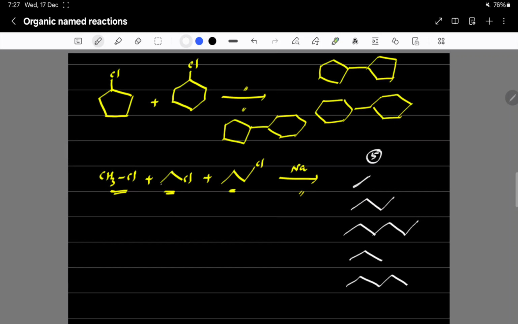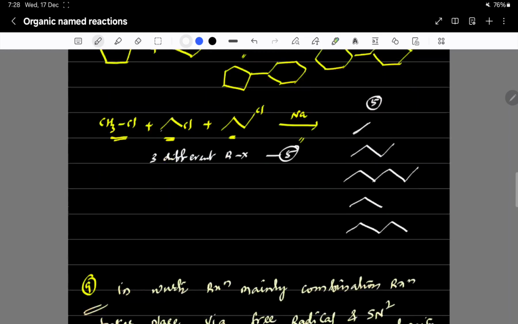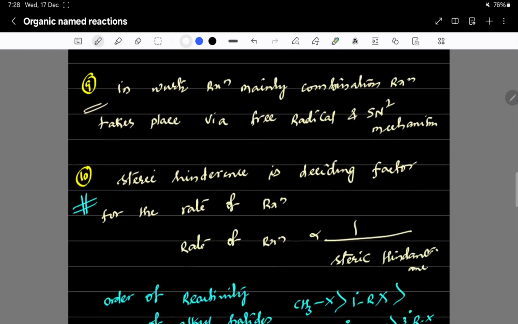Right. Now propyl chloride and methyl chloride undergoing coupling, then we will get again butane. Right. So then the possible number of products, if you are using 3 different alkyl halides, student, we will get the possible number of products 6. Okay, student. The 9th point you can check it, student. In Wurtz reaction, mainly combination reactions take place. Major reactions are combination reactions only.